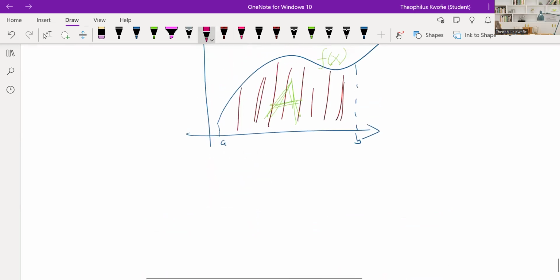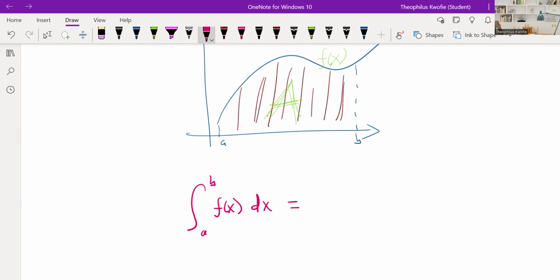According to the fundamental theorem of calculus, suppose that f is defined over the interval a to b, and we take the integral of the function.